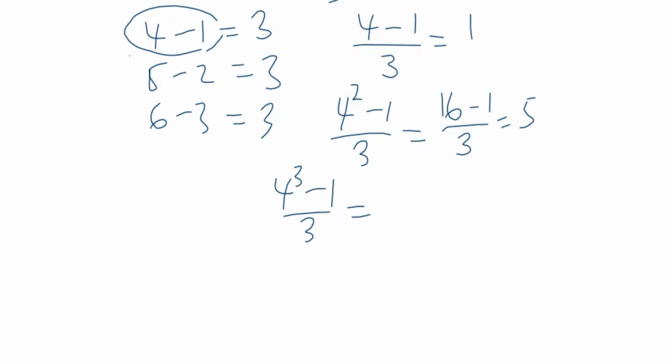So that means for all values of 4 exponent n minus 1, this will be divisible by 3. Why? Simply because 4 minus 1, you ignore the exponent n. That is for n being natural numbers.